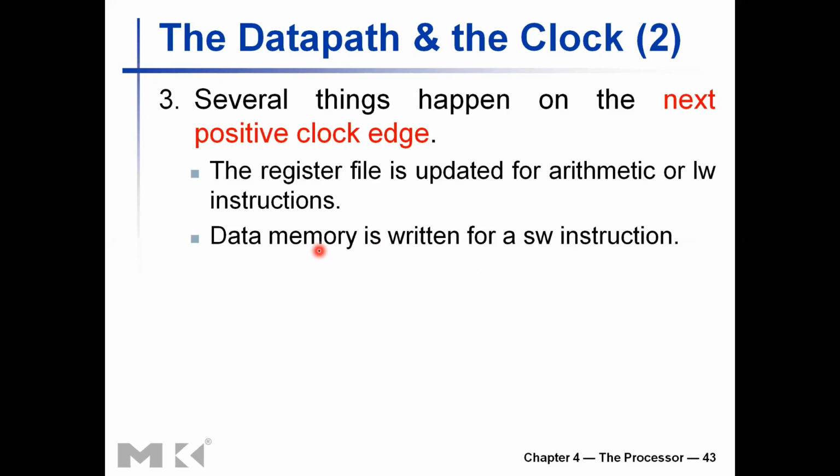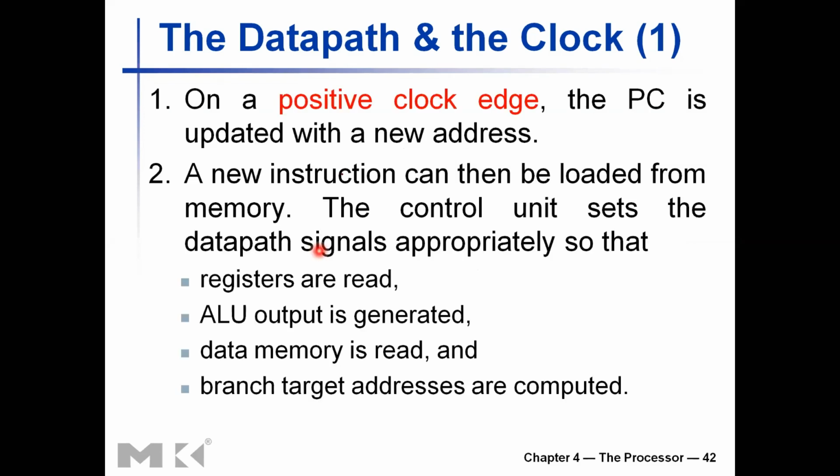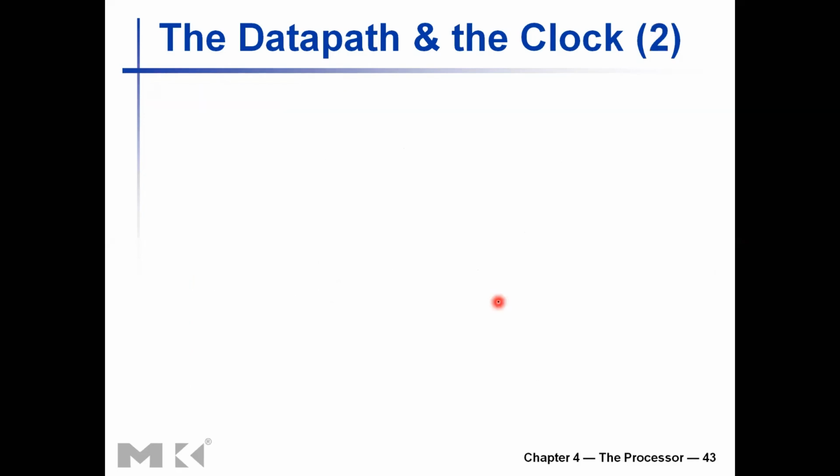So at the positive clock edge, the PC gets updated to point to a new instruction in the instruction memory. Based on that instruction, within that clock cycle, you will generate the control signals. The register file can be read, the ALU can be used to generate a result, data memory can be read to generate a result, or the branch target can be computed using the branch target adder.